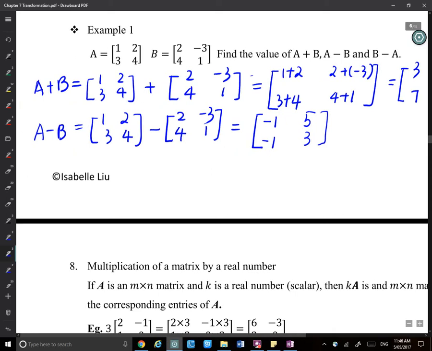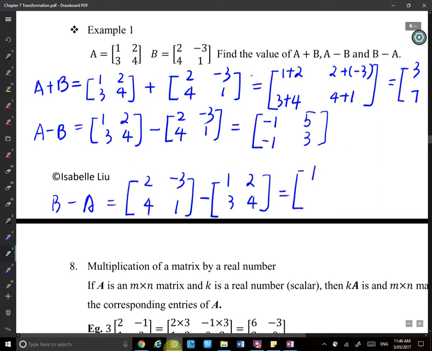So that's A minus B. You have B minus A as well. So B right in the front, minus A here. 2 minus 1 is 1, -3 minus 2 is -5, 4 minus 3 is 1, 1 minus 4 is -3.